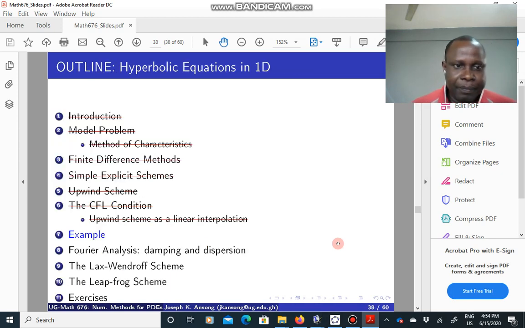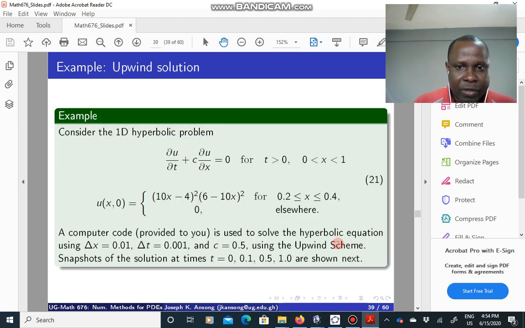So that is the Upwind scheme. We want to look at a simple example of how this works. I'll send you the code for this. You consider a 1D hyperbolic problem, the advection equation, where x lies between 0 and 1 and t is greater than 0. This is the initial condition.